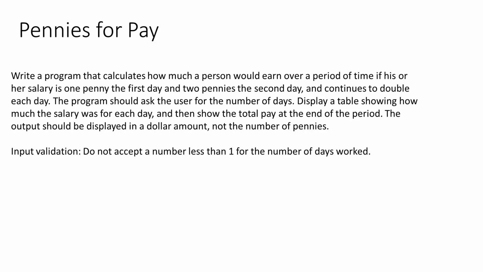So each day it doubles. So we should write a loop to output the days and the pay for those days. Also, we should have an accumulator to add up all the payments. And we display this. The display will look like a table.